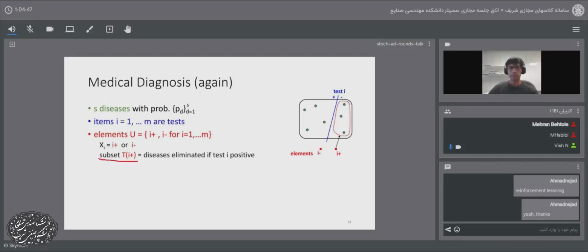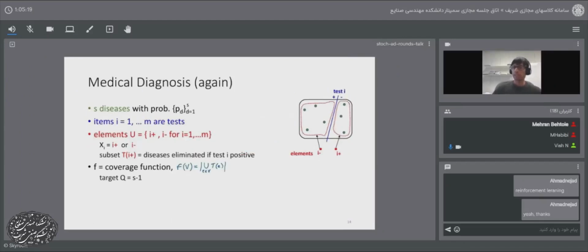For example, for element I plus, we have a subset which is all the diseases that will get eliminated if test I was positive, right? And in this example, it'll be these three diseases. Because if we know that test I is positive, we can eliminate them. And similarly, for I minus, we will have a subset covering these four diseases, because if test I is negative, we can eliminate those four diseases.